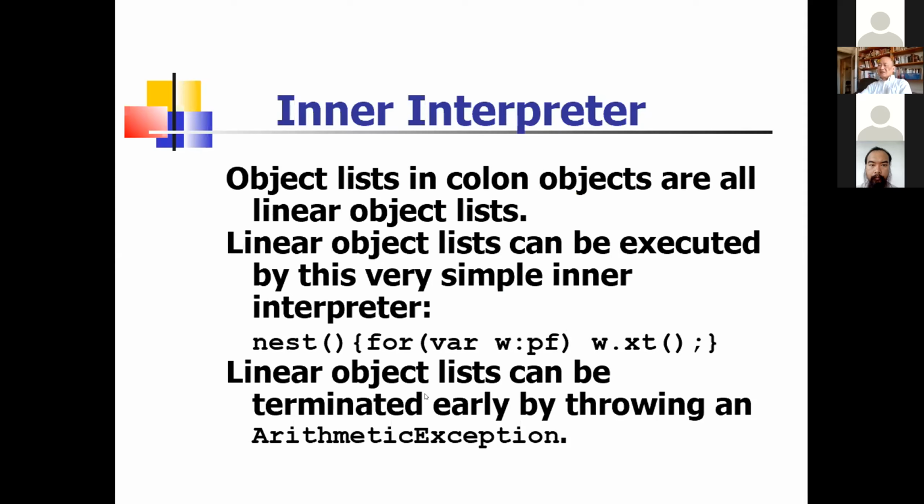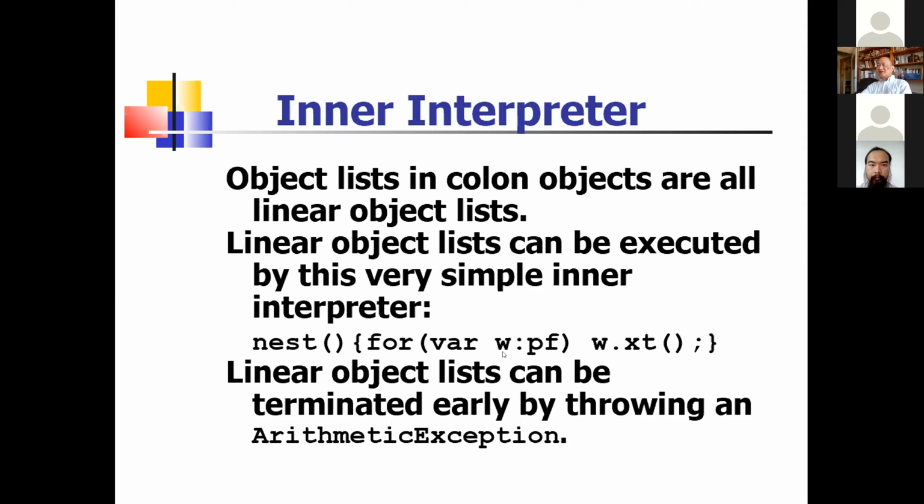The linear object list can be terminated early by throwing an exception. So the object list usually is executed from the beginning to the end. But if you want to exit early, you can.